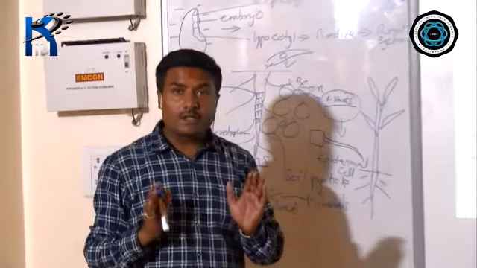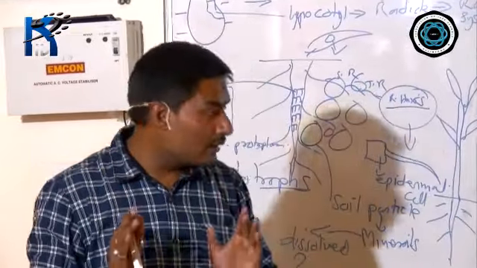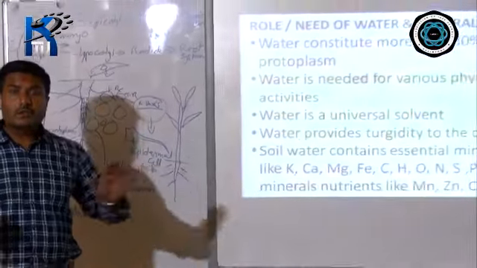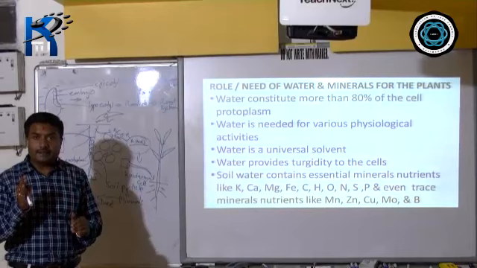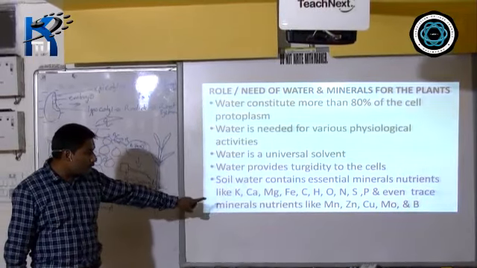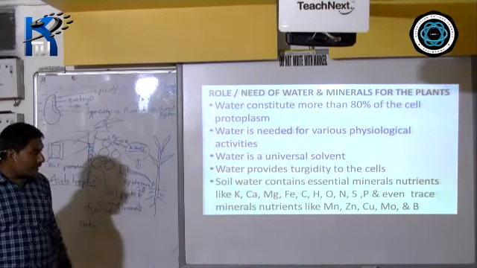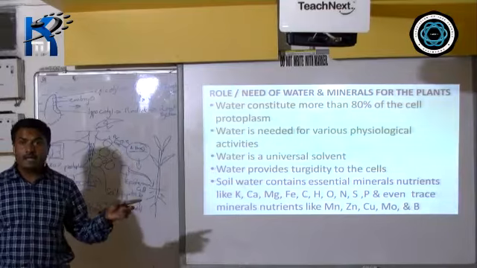Deficiency of these mineral nutrients may cause some type of deficiency disorder in the plant. Similarly, you have other mineral nutrients which the plant requires in less quantity. What do you call them? You call them trace mineral nutrients, like manganese, zinc, copper, molybdenum and boron.